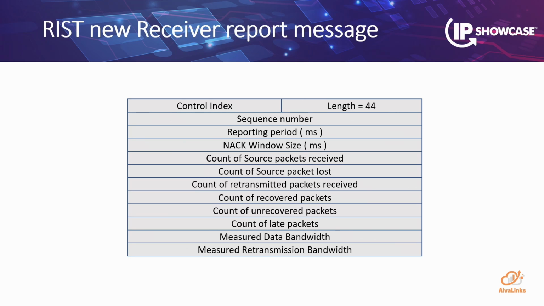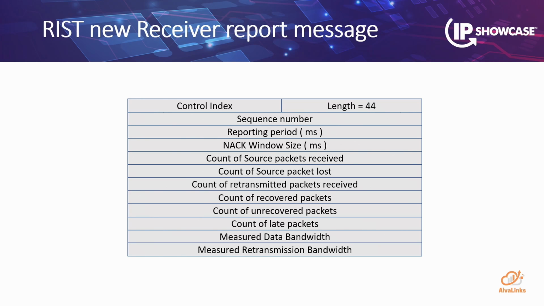We have a sequence number, so we can know the message, we can follow and track that. We have a reporting window that says, hey, this is the window that this report is all about. A NACK window for the error correction, and then counts, a lot of statistics that give us the information that we need.